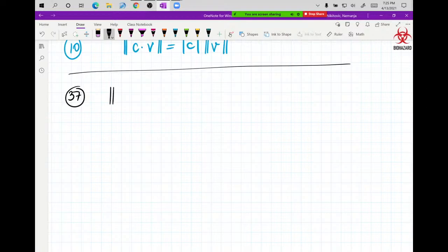They want you to compute the magnitude of this subtraction, and they give you that the vector u is 2i minus 5j and w is minus i minus 6j.